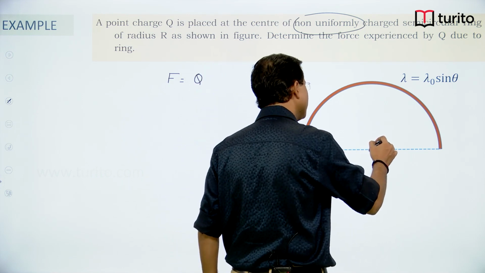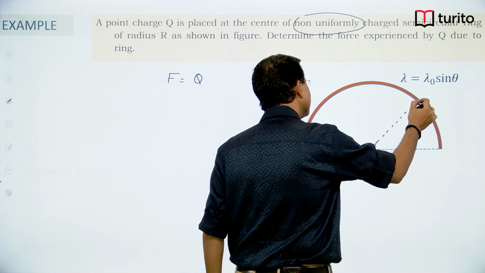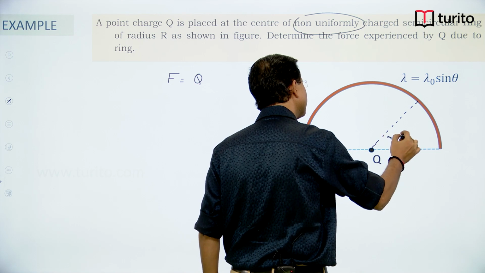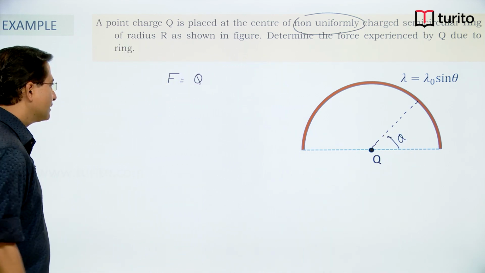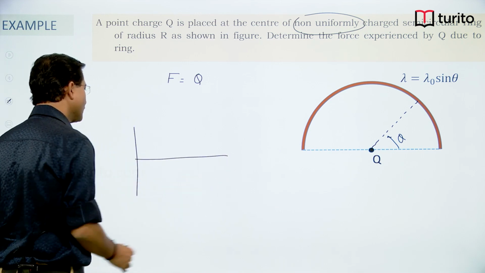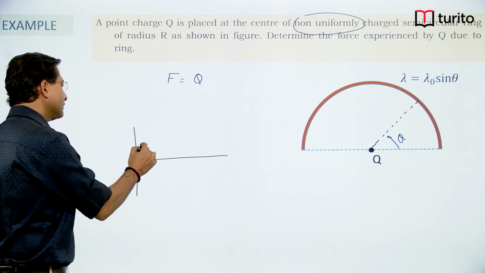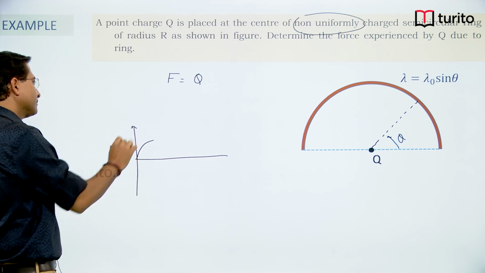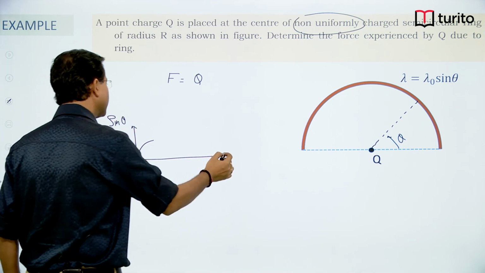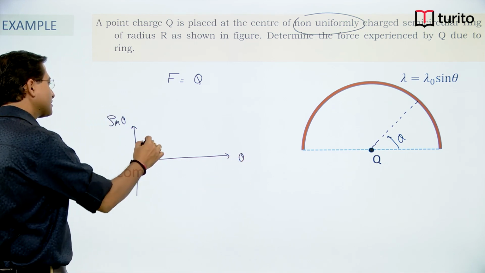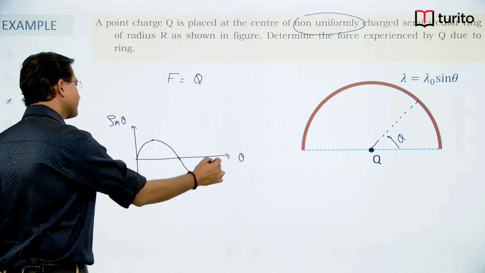Here theta is from the positive x axis. So you can see that in the first quadrant the sine curve will be something like this.